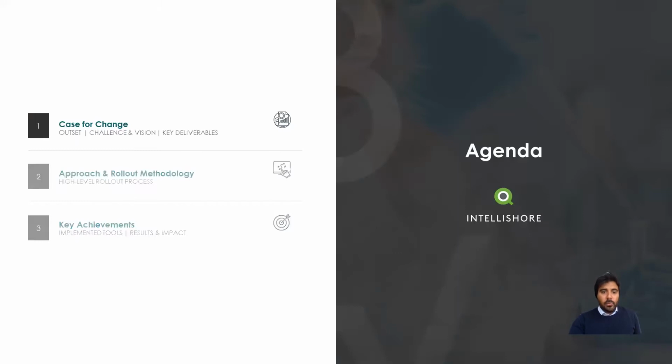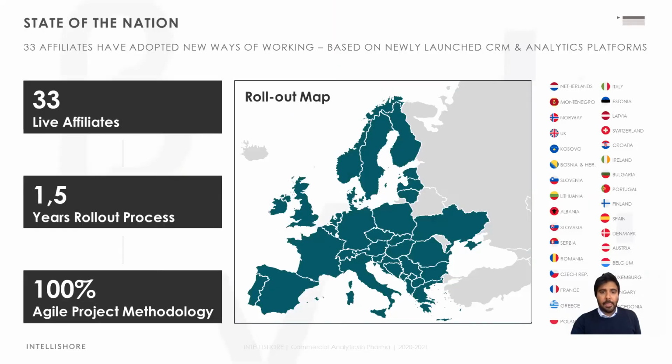Now, let's look at the case for change and the outset of the project. If I just do a quick state of the nation, we have just recently completed the rollouts. We've rolled out across the entire European region, so that means 33 countries.